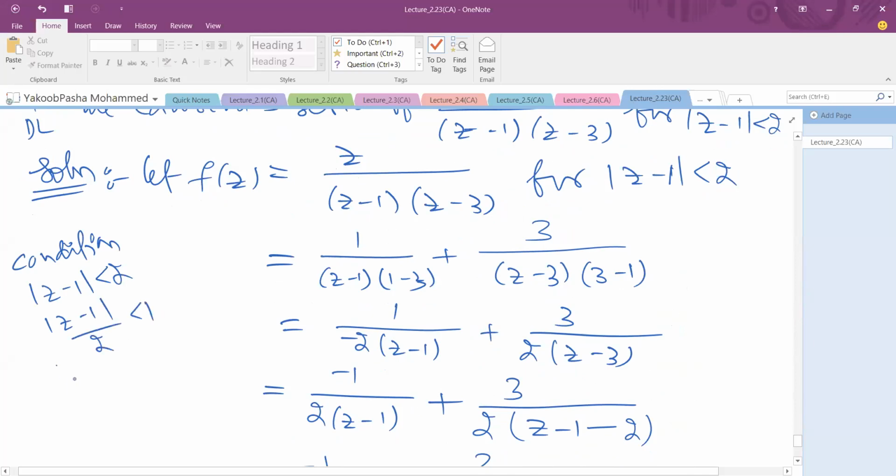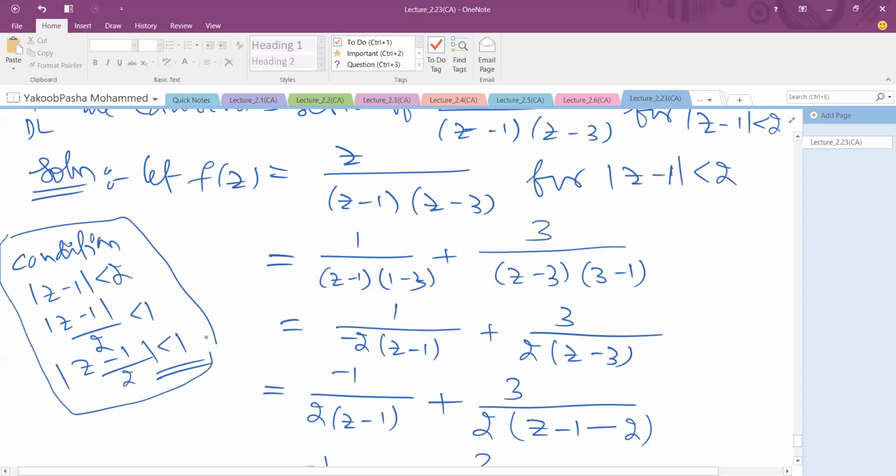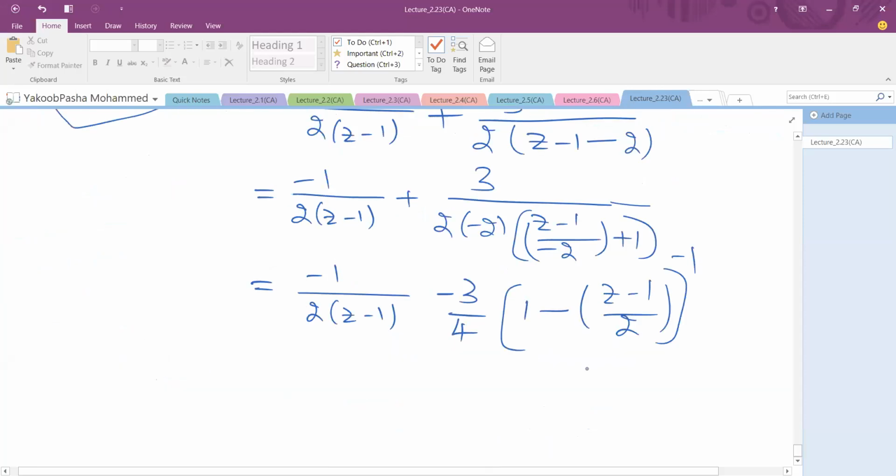That means modulus of z minus 1 divided by 2 is less than 1. Okay, this is the actual condition. So it is in the form mod x less than 1. Therefore we can use the expansion of 1 minus x whole to the power of plus 1.